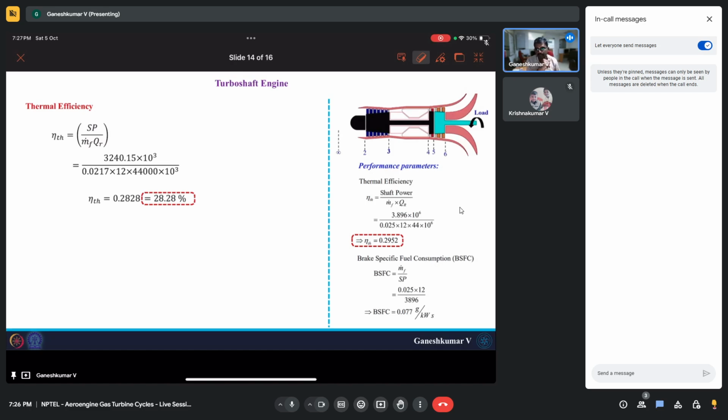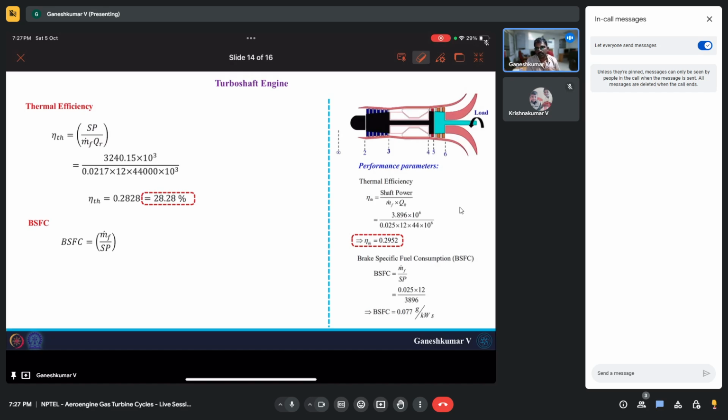Okay, and the brake specific fuel consumption, again, is going to be based on shaft power. Previously, in thrust specific fuel consumption, what we had was m dot F by T, right? Because thrust was our main goal out of the engine. Here it is going to be shaft power.